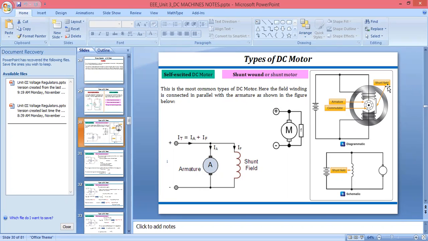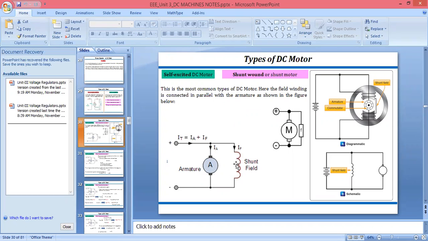So in this type of DC motor, if the field winding is in parallel with the armature, we call that type of DC motor a self-excited shunt wound DC motor, because the construction looks like a shunt, like a parallel, since the field winding is connected in shunt with the armature.